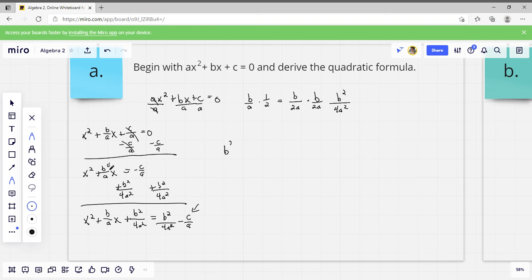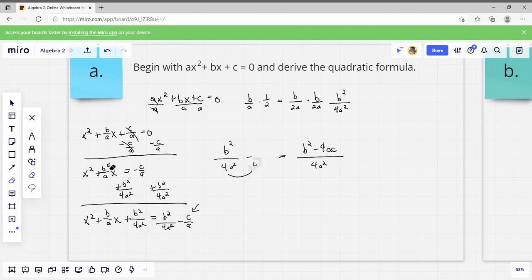So to get a common denominator, I need to multiply this by 4, and then I need to make it a squared, so multiply by another a. So then I'll have b squared minus 4ac over 4a squared.